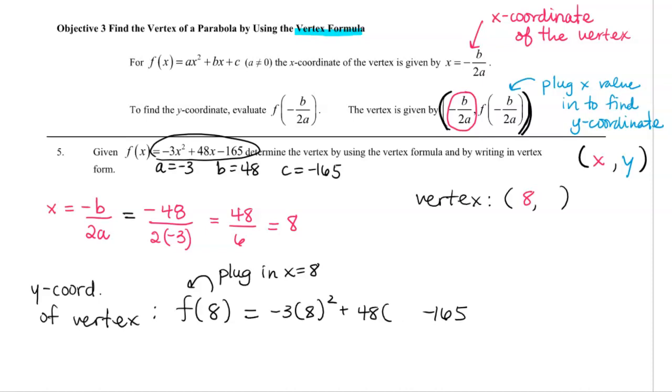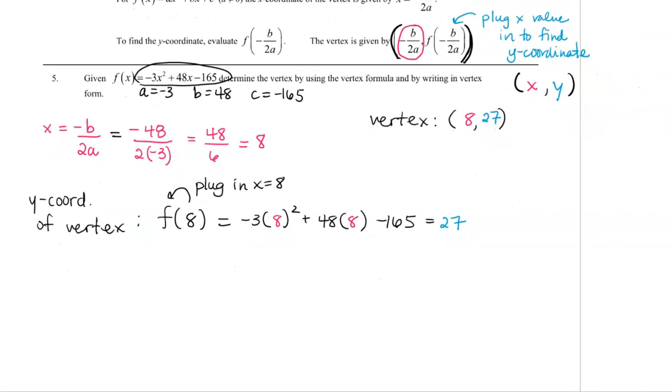In fact, I'll put these in the same color that 8 is in. So once we have plugged 8 into this function, what we get out will be the y coordinate of our vertex. And I'm getting out a positive 27. So now I know the y coordinate of this vertex is 27. So this vertex is at the point (8, 27).